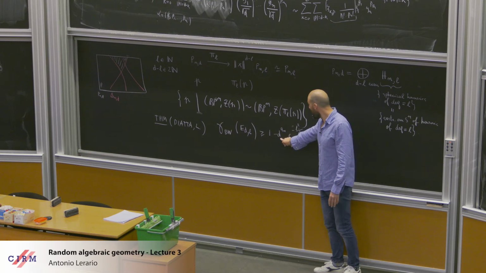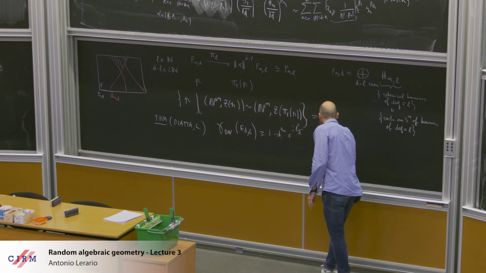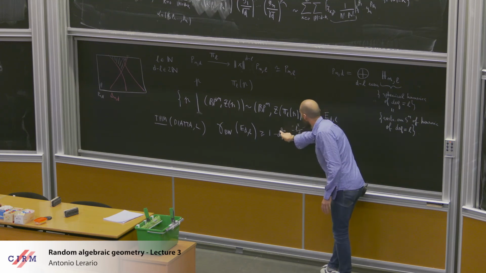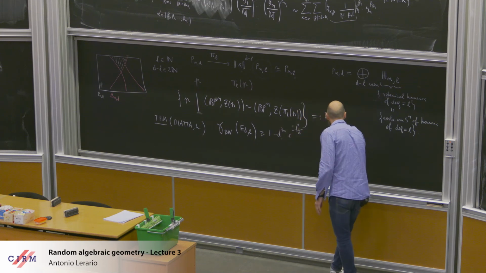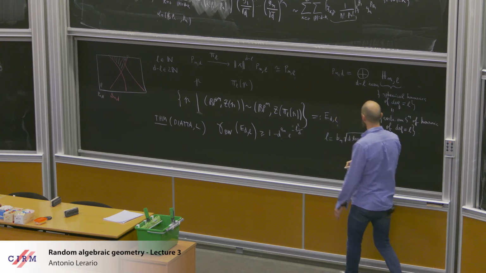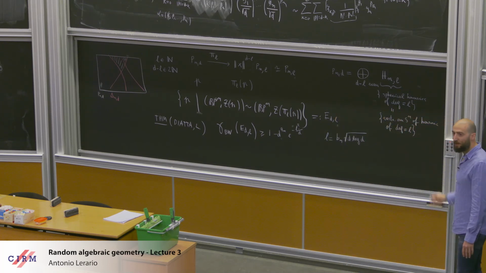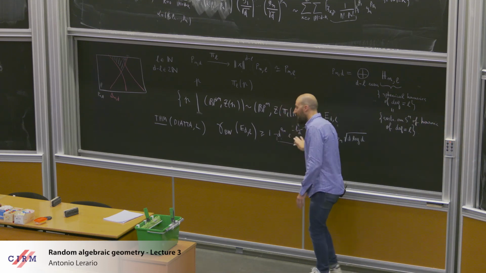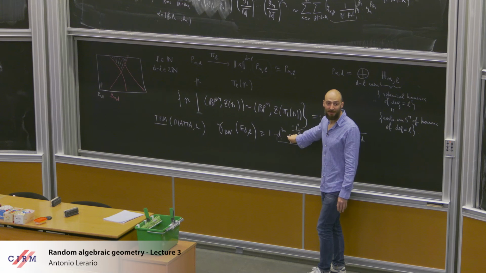So in particular, if you choose L of the type, say, a constant b, which should be large enough, times square root of d log d, so if you project on the space of polynomials of degree big O of square root of d log d, this piece here vanishes because the exponential part beats the polynomial part.